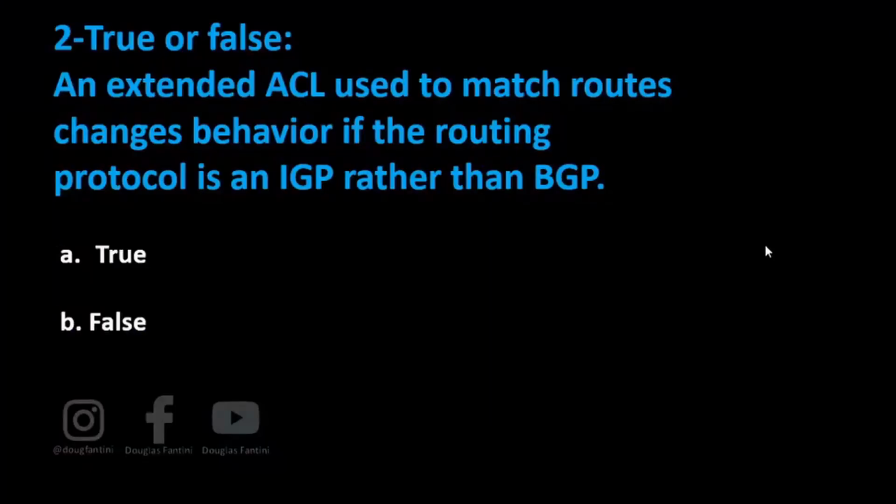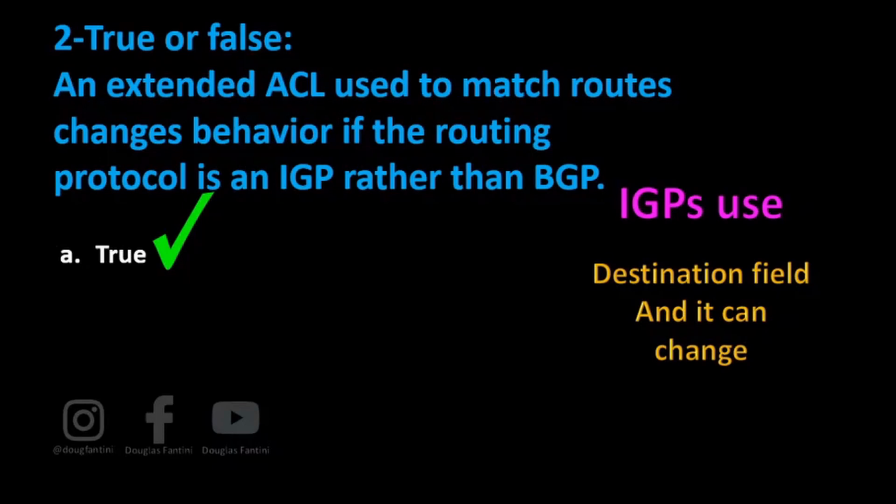Question number 2. True or false? An extended ACL used to match routes changes behavior if the routing protocol is an IGP rather than BGP. And as you guys can see, this is true.